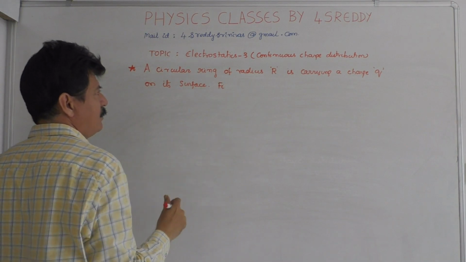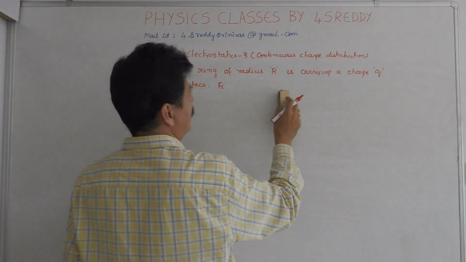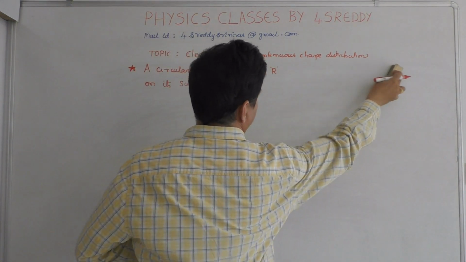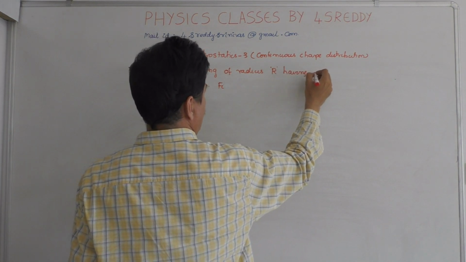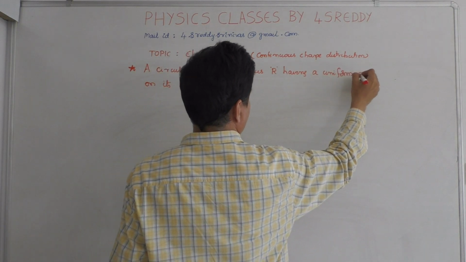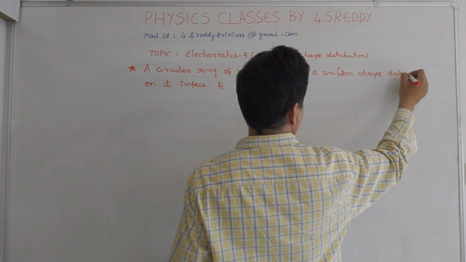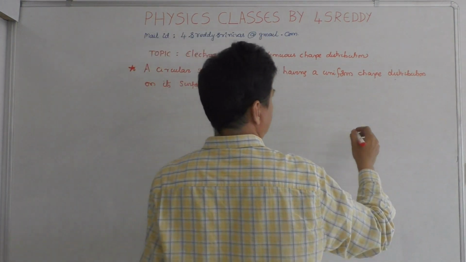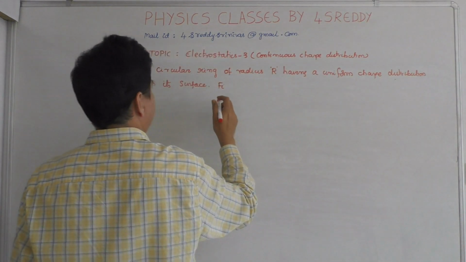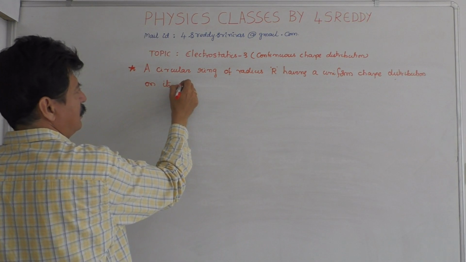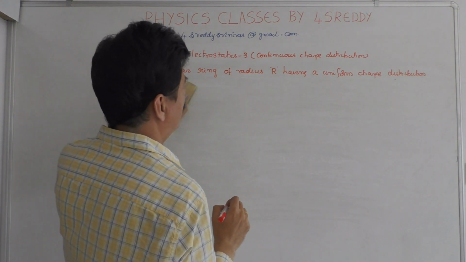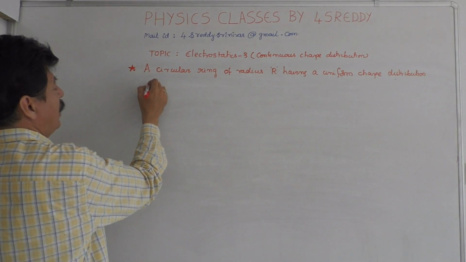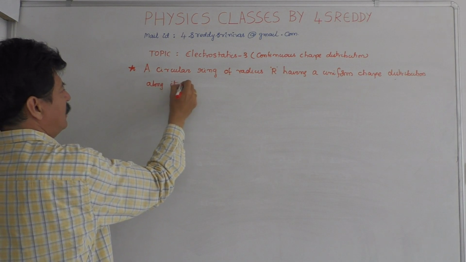Or otherwise: a circular ring of radius capital R having uniform charge distribution along its circumference.